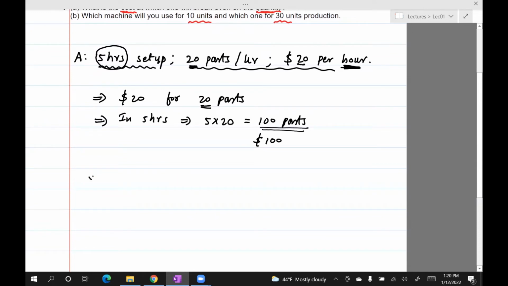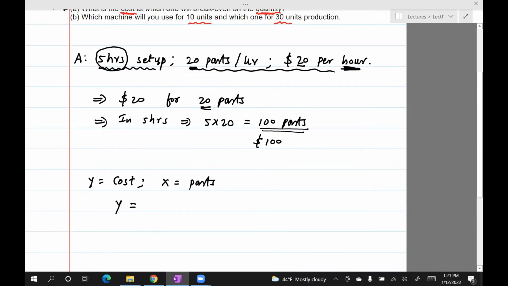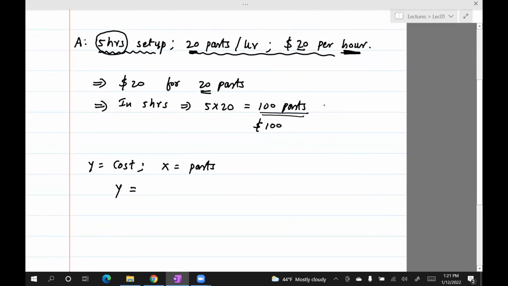So let's represent Y as the cost and X as the number of parts, just to make equations. So the cost of producing items on machine A consists of 2 parts. One part is the setup. That setup cost is 100, and then once you are done with the setup, you can start producing parts.